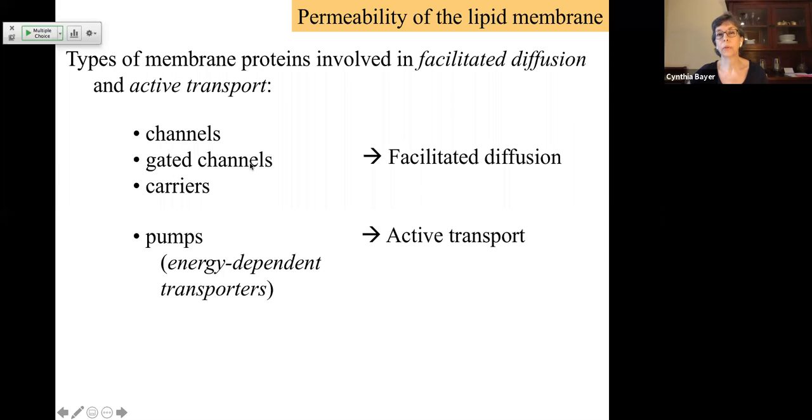So they're normally closed, but they can be opened. And then we have our carrier proteins. Right? All of those can facilitate diffusion of solutes. And then a little bit later, we'll look again at our pumps. These are transporters that require energy to drive a solute across the membrane against its concentration gradient.